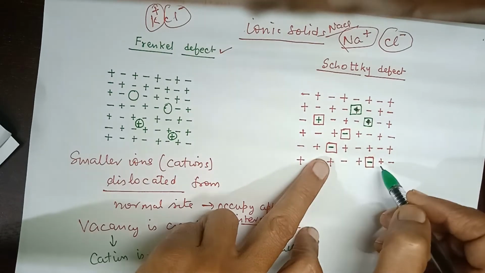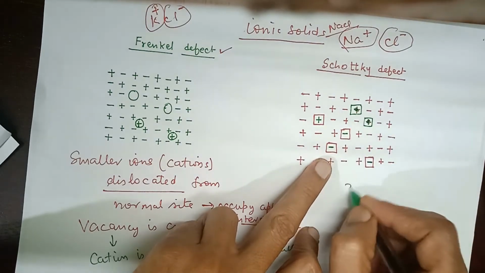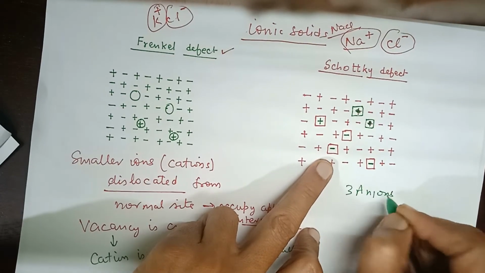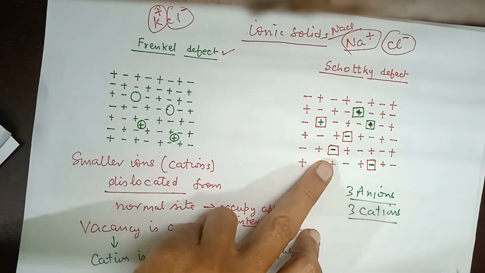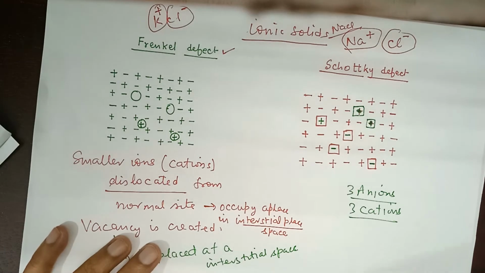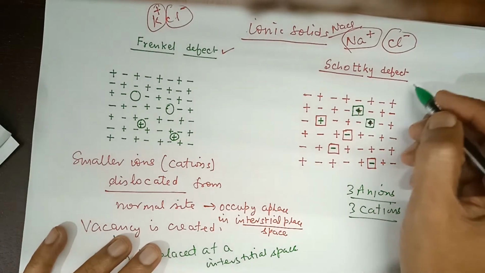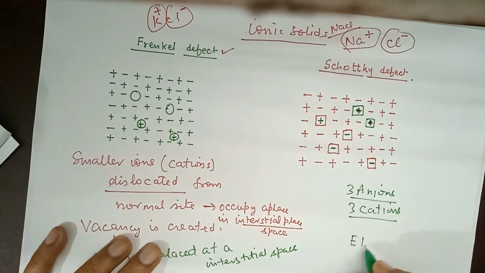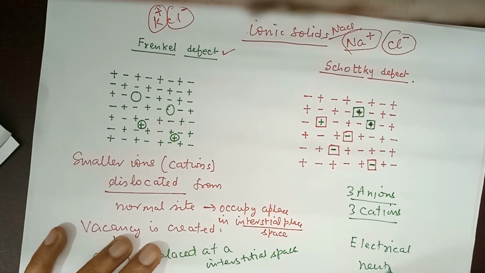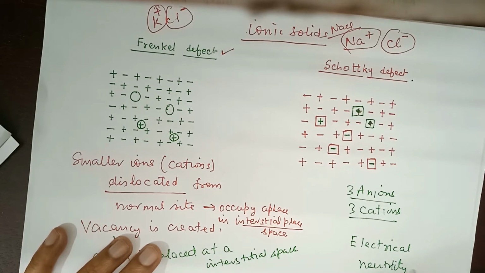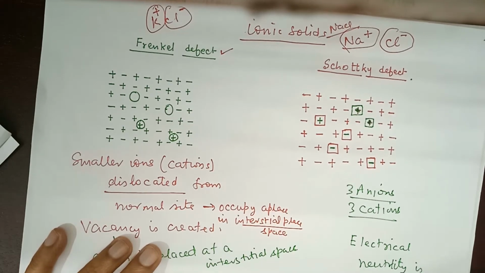See, 3 anions and 3 cations are missing. The missing anions and cations are equal in number in Schottky defect, so that electrical neutrality is maintained.